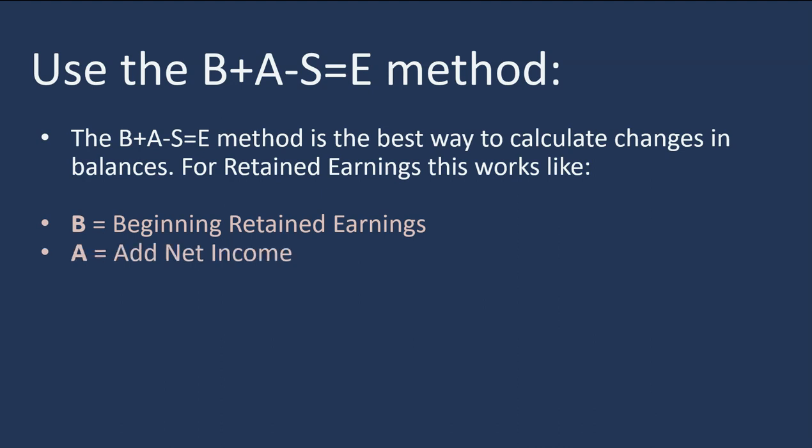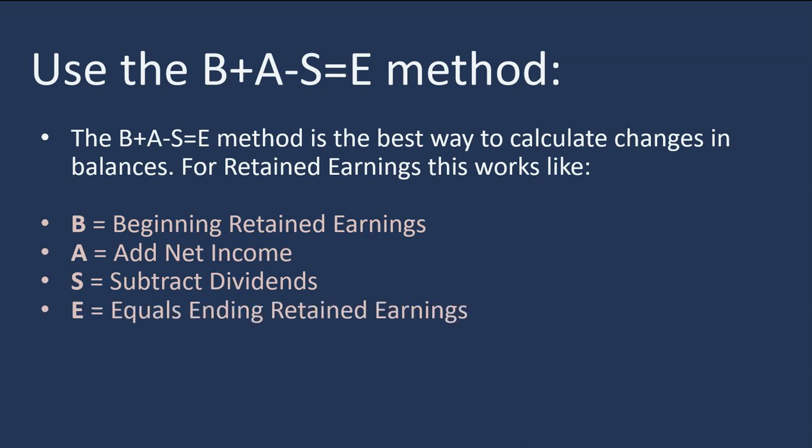We add the A, net income in this case, so beginning retained earnings plus net income. The S, or subtraction, would be dividends here. And then finally, those combined will equal ending retained earnings. So we have the BASE formula: beginning retained earnings, adding net income, subtracting dividends if they're paid. This will equal the ending retained earnings.